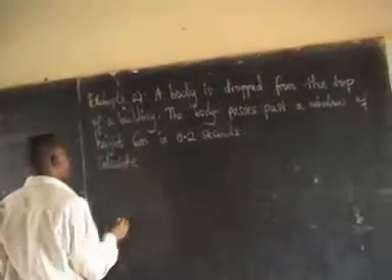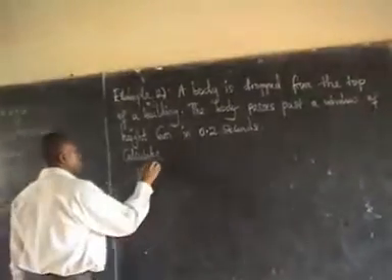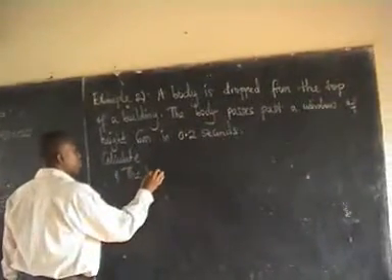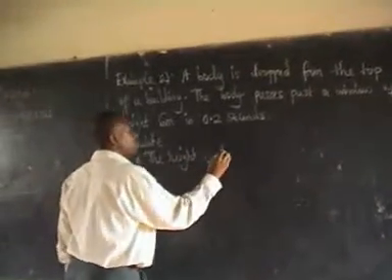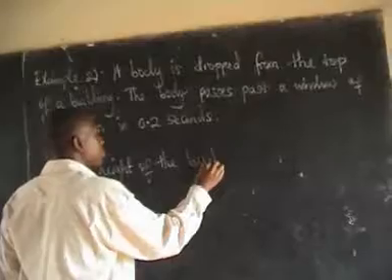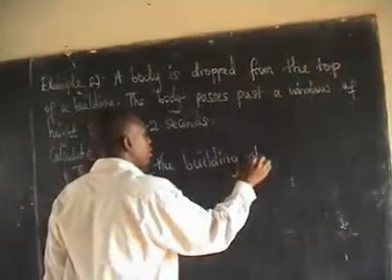Calculate Roman 1, the height of the building above the window.